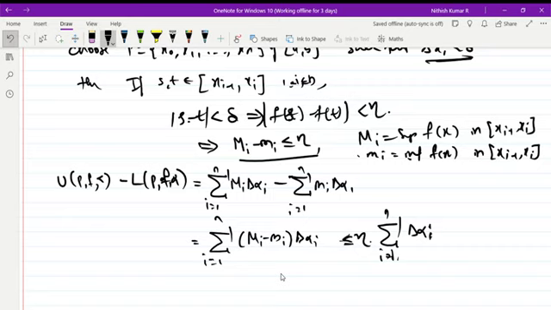Now this sum is nothing but eta into alpha of b minus alpha of a.